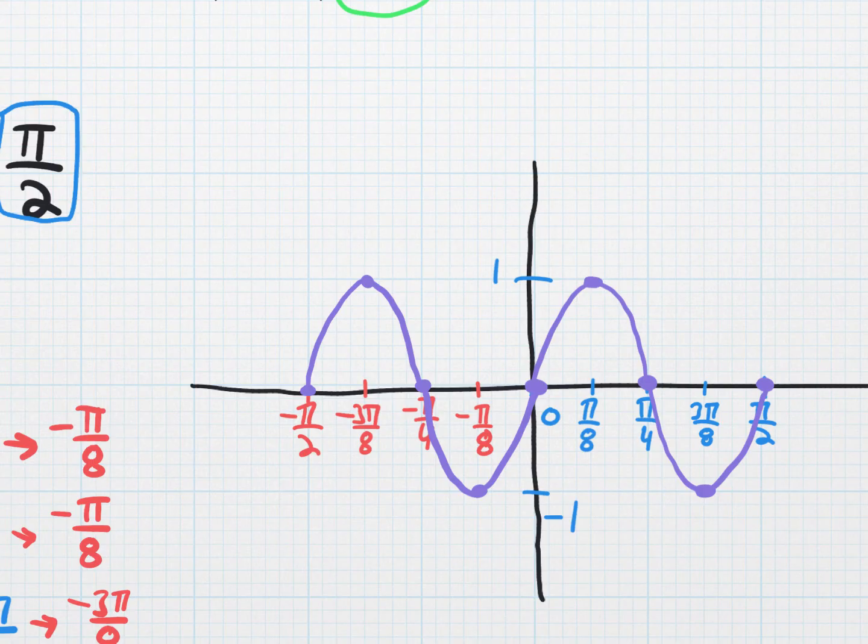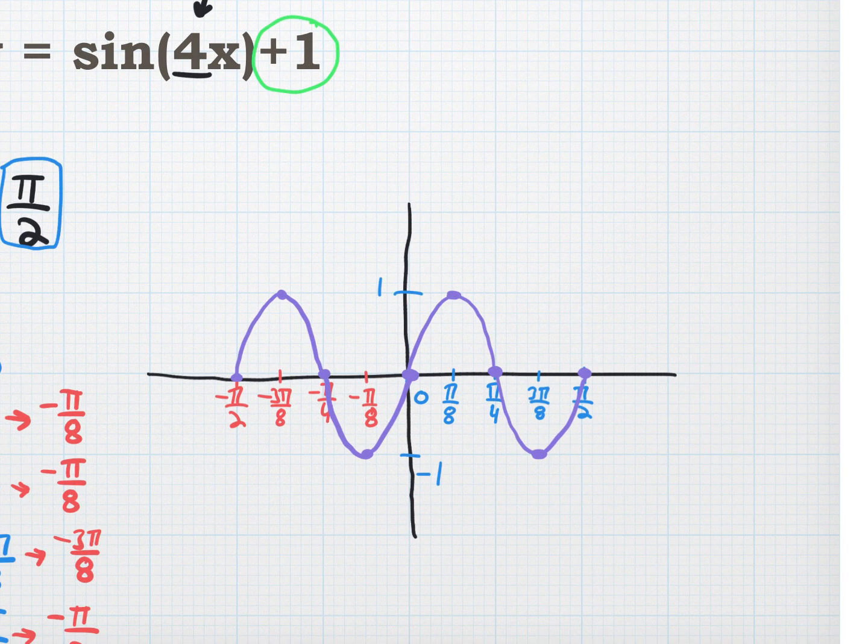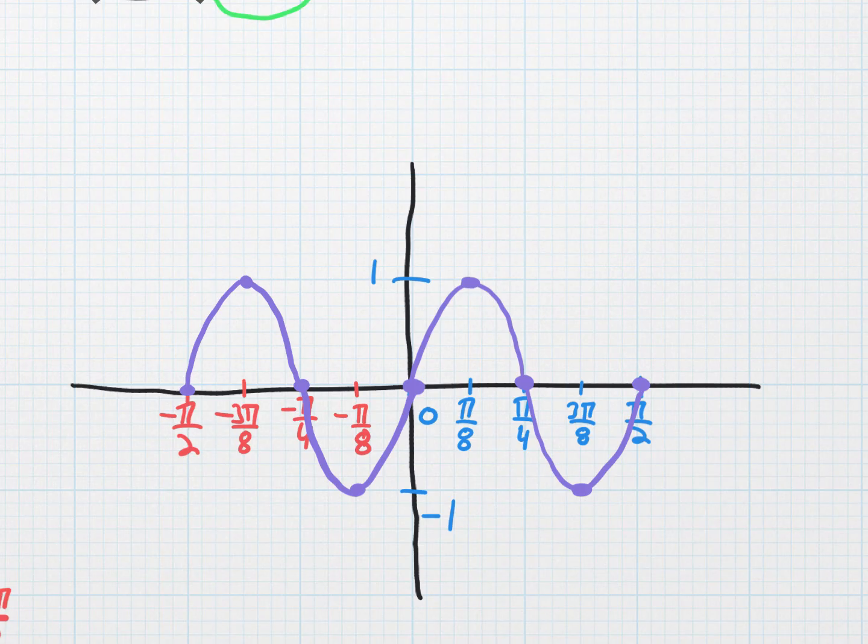So it's going to look something like that now. And then you connect the dots. And it's going to go up here. Wait, what? All right, let me erase that. Oops.